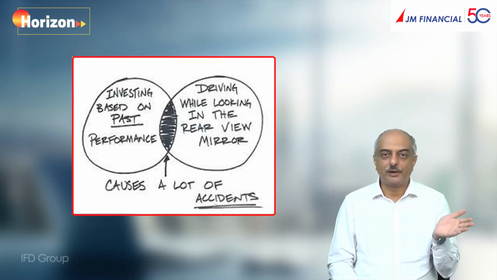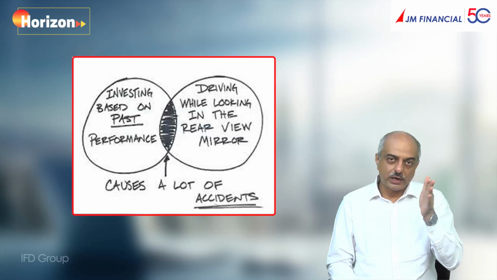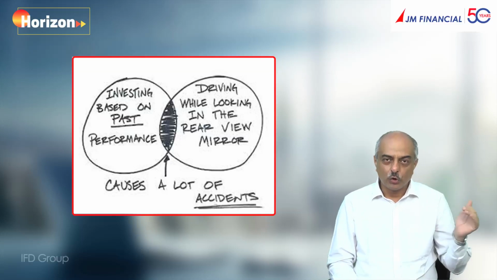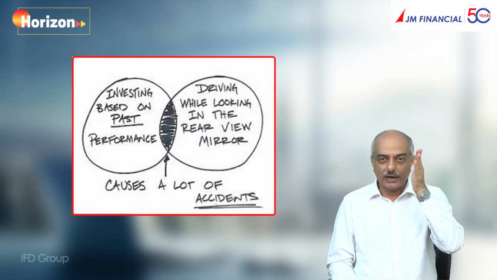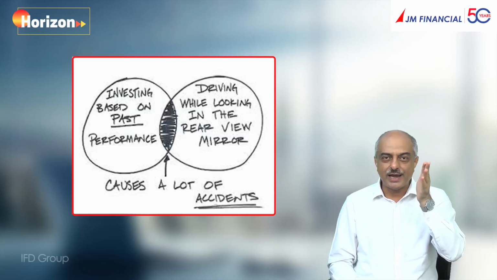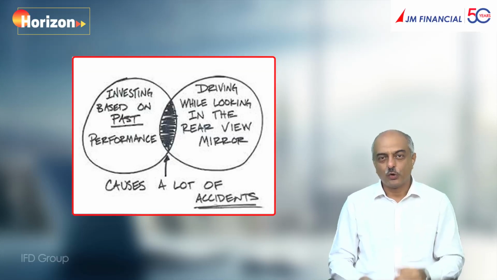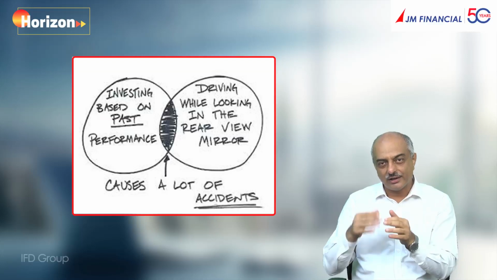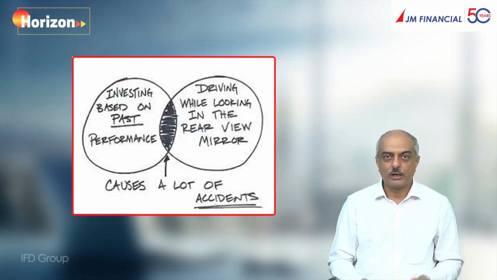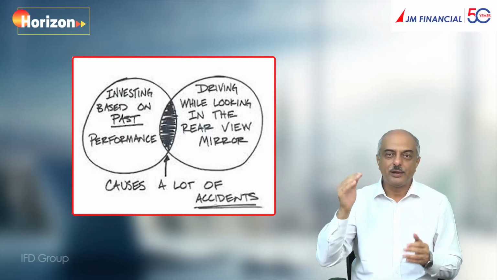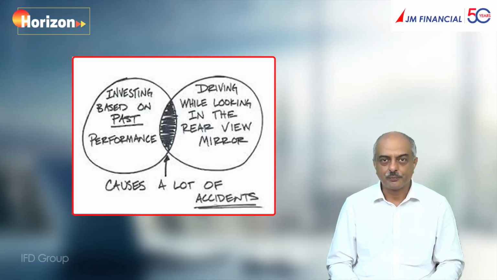And because of that, if we look at the past and invest on the up cycle, at the end of the up cycle, and the down cycle starts, or at the end of the down cycle I exit and the up cycle starts, I miss out on the upside and I participate in the downside.